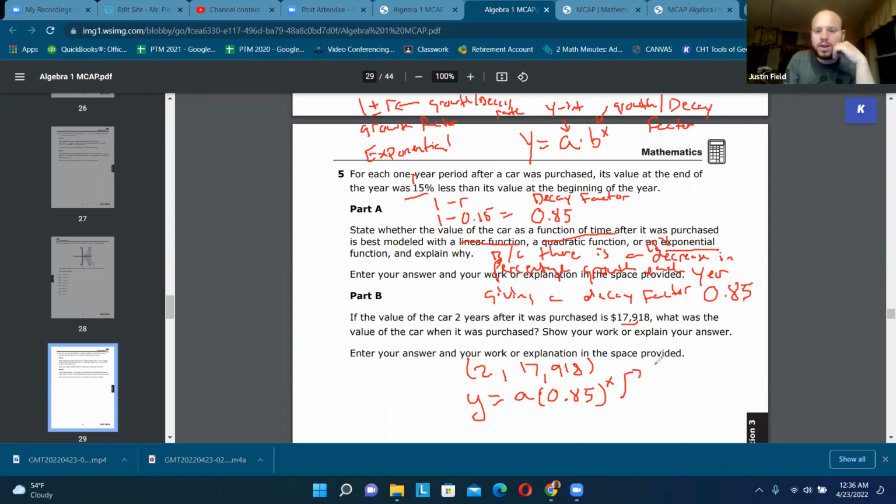So we're going to get 17,918 equals a times 0.85 to the second. So let's go ahead and square it: 0.85 squared is 0.7225. So a times 0.7225, and now we just divide both sides by 0.7225.